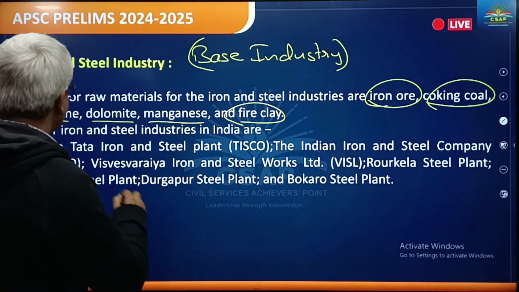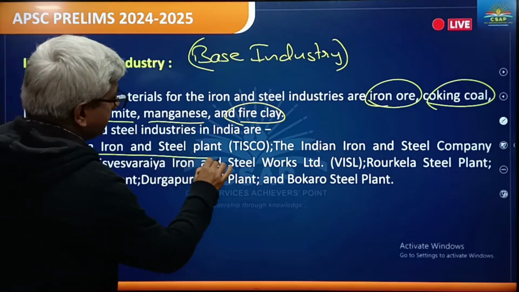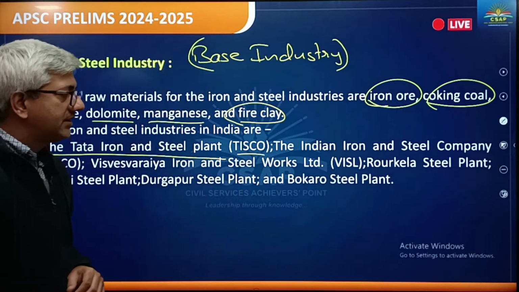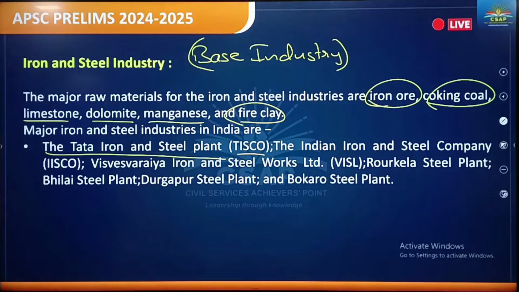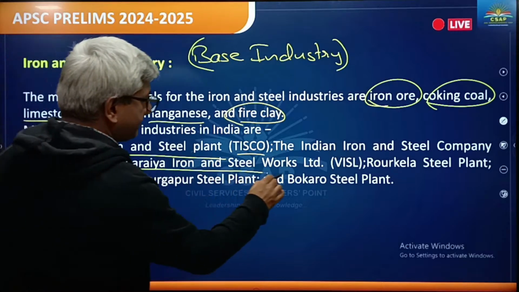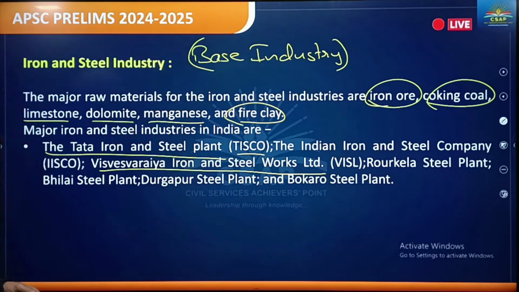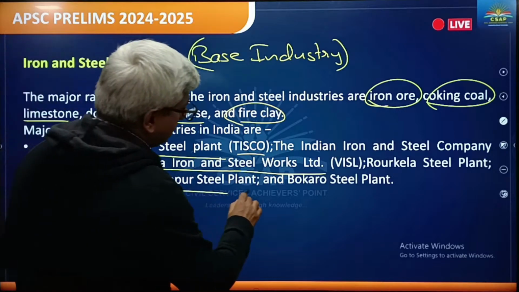Major iron and steel industries in India are obviously the Tata Iron and Steel Company in Jamshedpur, Tisco, that is the oldest. Also the Indian Iron and Steel Company, then Rourkela Steel Plant, Bhilai Steel Plant, Durgapur Steel Plant, and Bokaro.